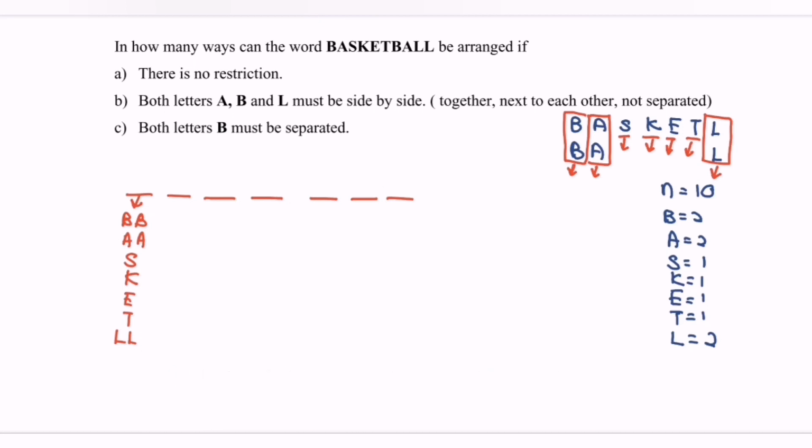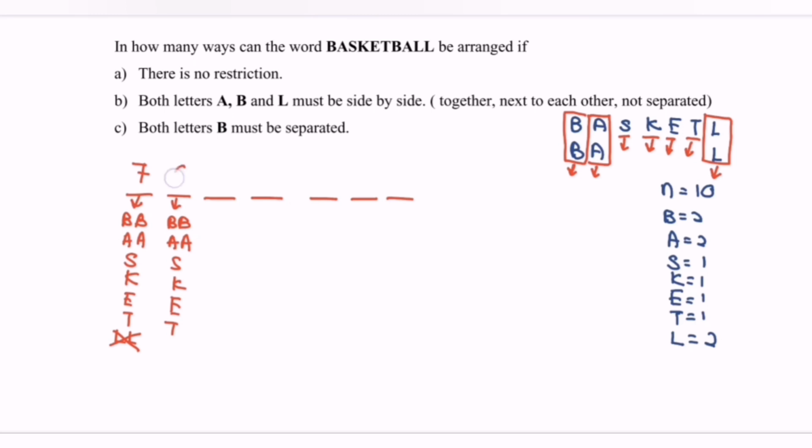What we have to do is to find how many possible situations we can have for the first place. Let's say we choose the L. It means that we have 7 situations, where we can locate either the double B, the double A, S, K, E, T, or double L. For this case, I assume I already located the double L. Followed by double B, double A, S, K, E, and T. How many possible situations can we have for the second box?